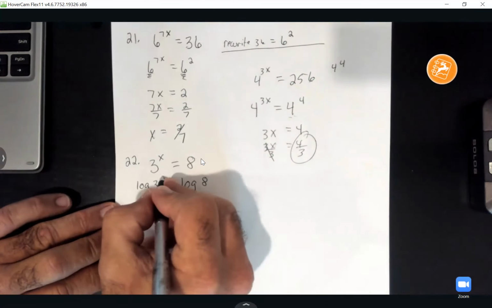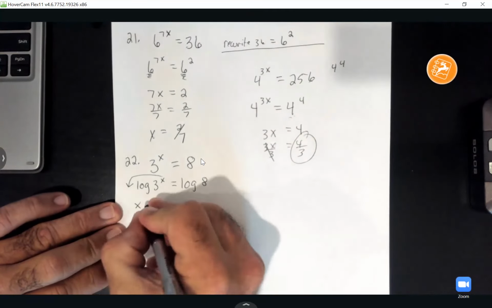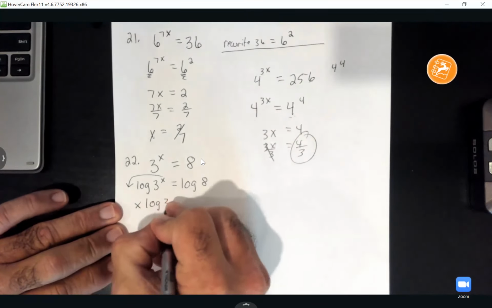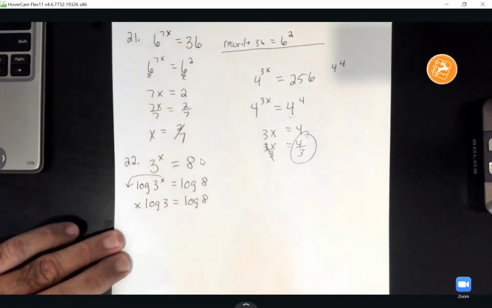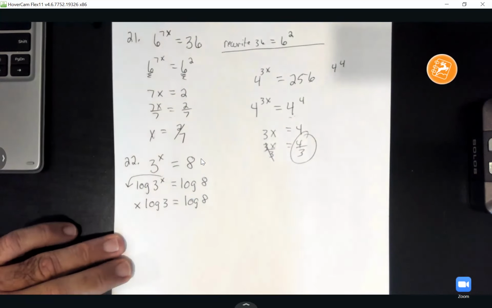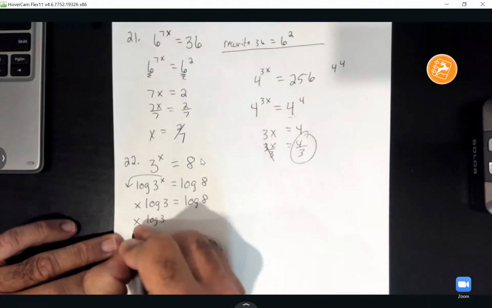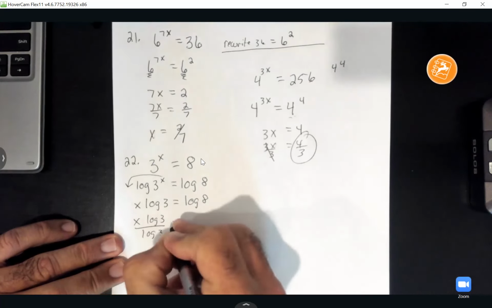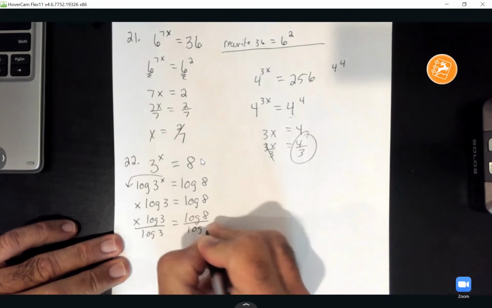The reason we do that is that now we can bring our x down to the front. And we get x log 3 equals log 8. To finish this, I'm going to divide both sides by log 3. So x equals log 8 divided by log 3.